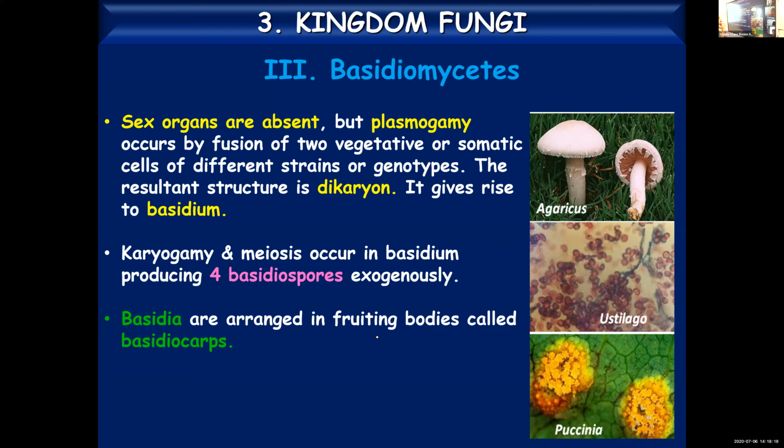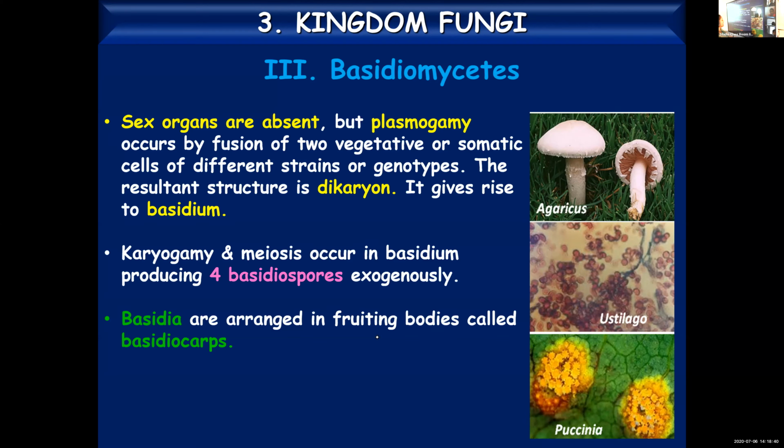We learned karyogamy is followed by meiotic division. So meiotic division results in the formation of 4 basidiospores. All these are happening inside the basidium, and basidia are arranged on the basidiocarp. Basidiocarp is the name of the fruiting body over here.